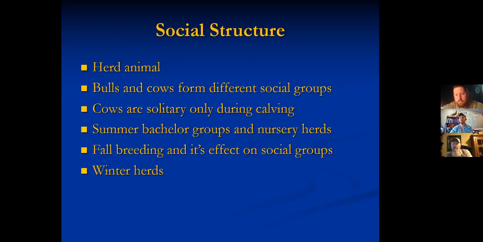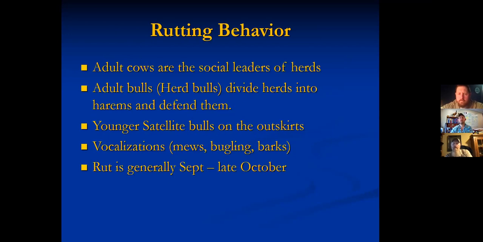And you can't have big bulls in there. They may be off by themselves, still resting and recuperating from that fall when they've been chasing cows all over the place. So it's a pretty interesting thing to watch how the social groups shift throughout the year, the different stages they go through.